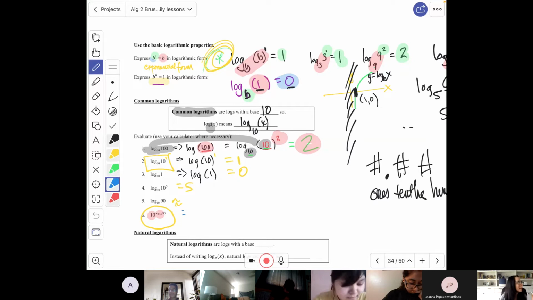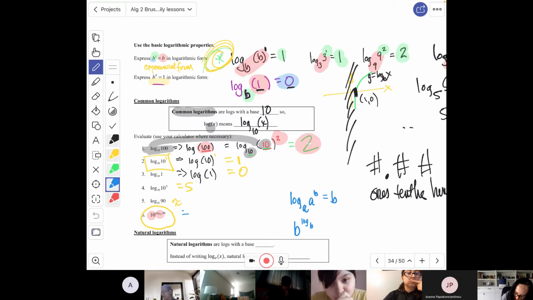Can you be clever and conjecture what that would equal? We said that the log that has the base equal to the base of the argument is just the exponent. So what happens if I have a base raised to a logarithm with the same base? What do you think that would be?